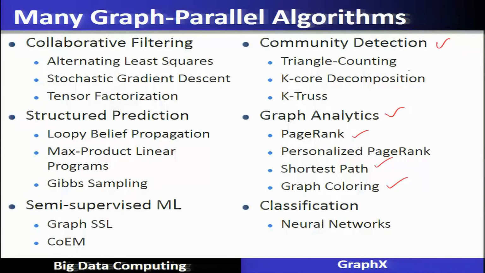For community detection, triangle counting, K-core decomposition, K-truss, all these algorithms are available. Similarly, for machine learning, we have graph SSL and co-EM algorithms. Similarly, for collaborative filtering, the alternating least squares (ALS) algorithm is there, and stochastic gradient descent, tensor factorization. These algorithms use the graph parallel approach for building.